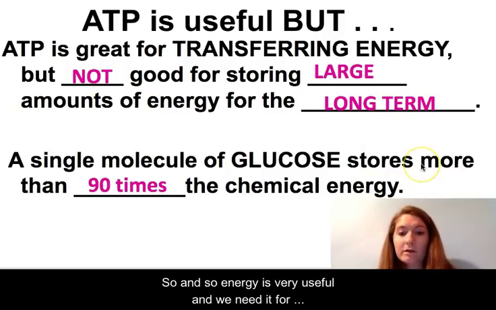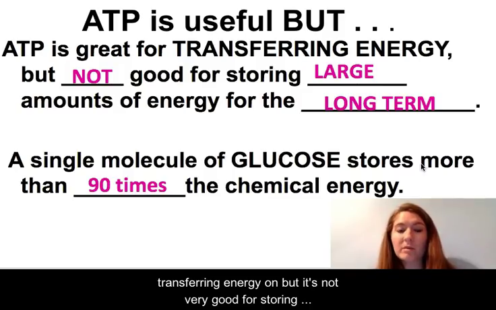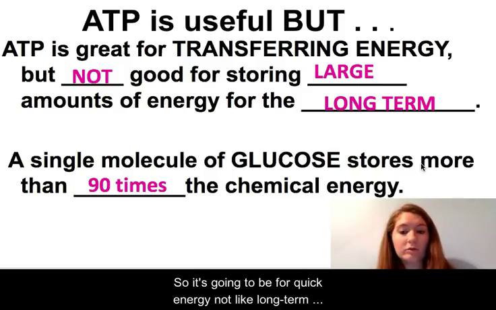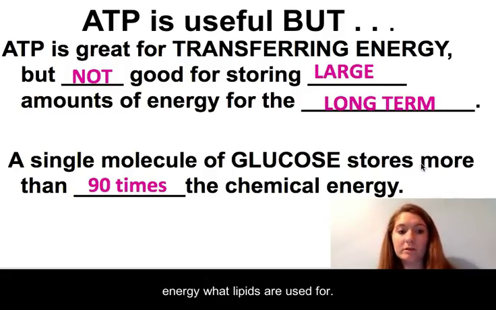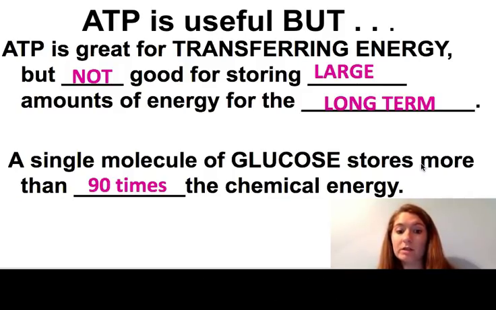So energy is very useful, and we need it for short-term use and long-term use, but ATP is great for transferring energy, but it's not very good for storing energy for a long time or large amounts. So it's going to be for quick energy, not like long-term energy, what lipids are used for. A single molecule of glucose stores more than 90 times the chemical energy than a single ATP molecule.